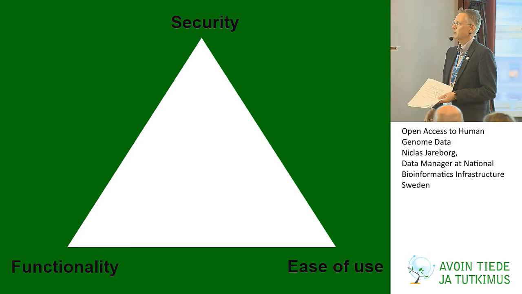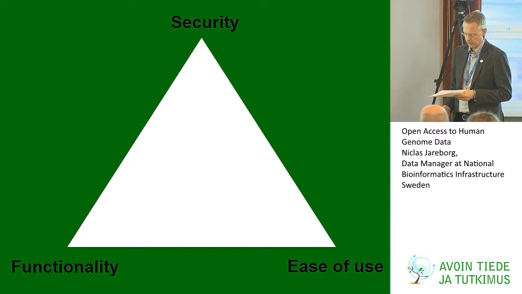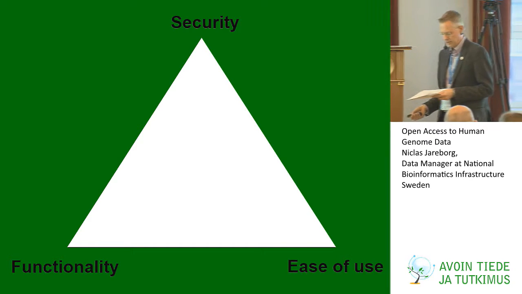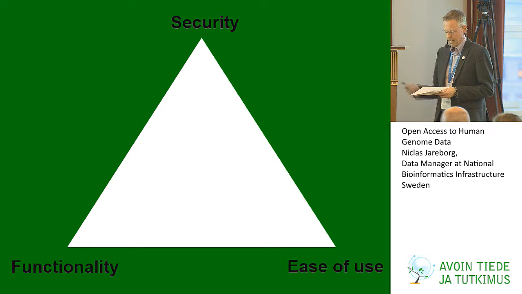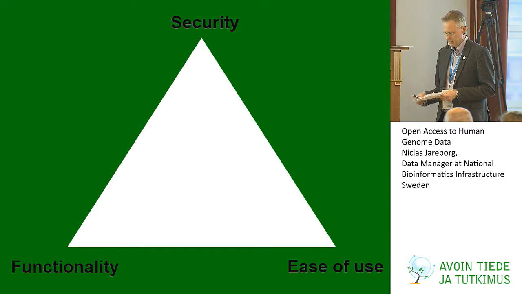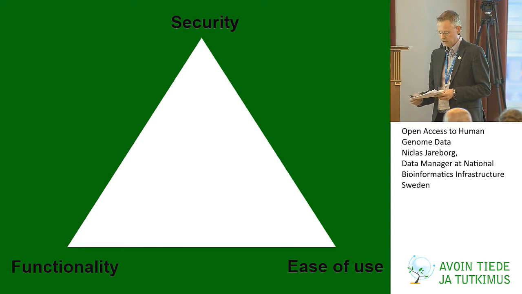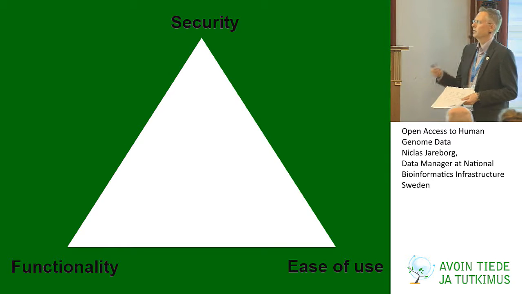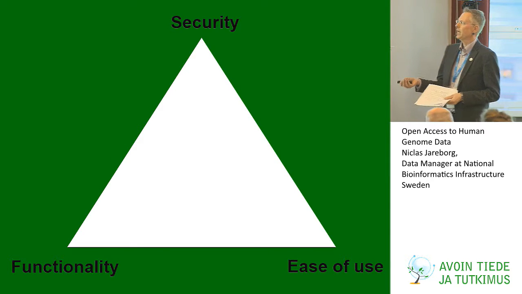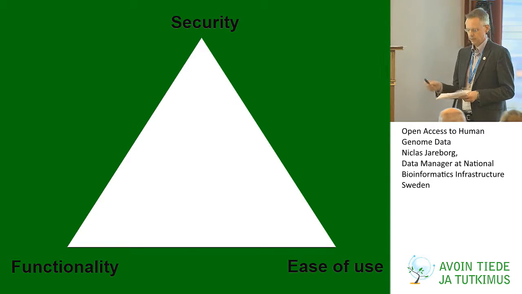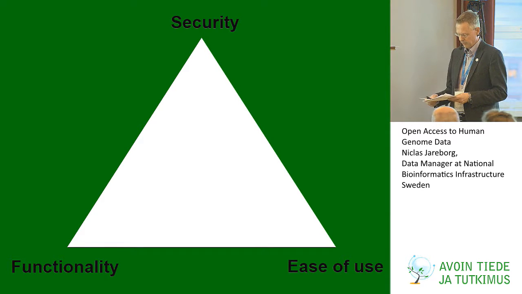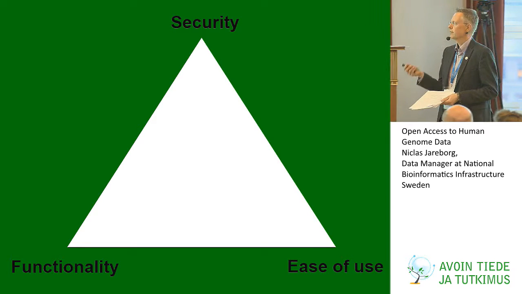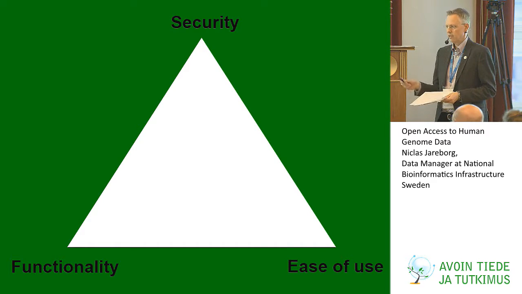And for storing and sharing, they worked within the Elixir infrastructure to improve the existing functionalities of something called EGA, the European Genome Phenome Archive, which has mechanisms for sharing sensitive data, and also makes it easier for researchers to adhere to the ethical and personal data legislation. There are also efforts on the way to be able to query human data sets without really giving out the individual information. Again, a lot of training is needed, because these are issues that are very hard.